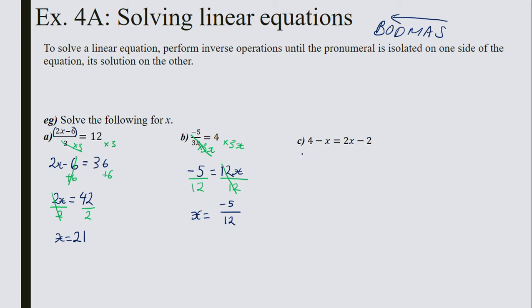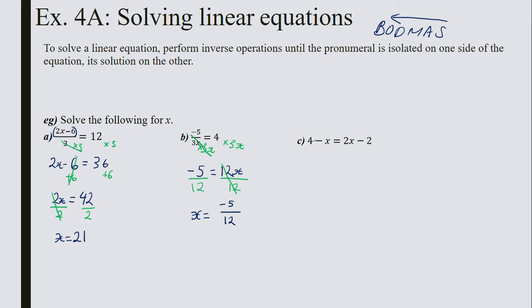When we've got x on both sides of the equation, your first step should always be to collect like terms, okay? Like we did in our previous chapter with algebra, we've got an x here and a 2x here. My tip for you is to look for the x value that has the smallest coefficient.